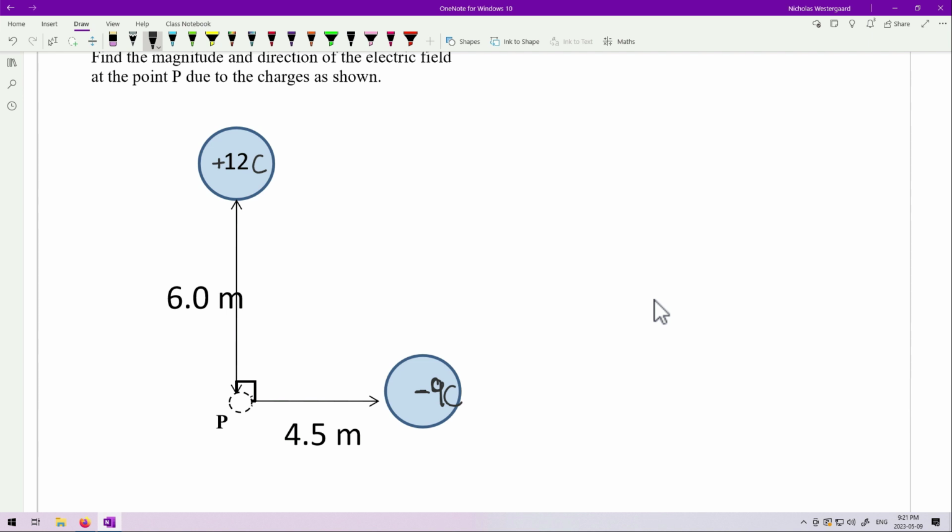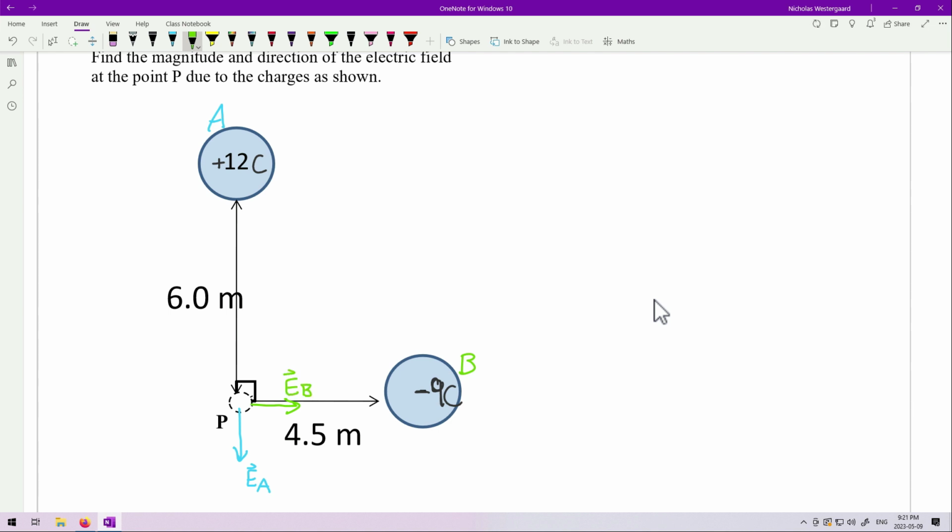Again, exactly the same process that we've been doing. This one's A, this one's B. Take a look. A is a positive charge. Positive charges push radially outward. Electric field A. B is a negative charge. Negative charges pull inward. So here's electric field B.